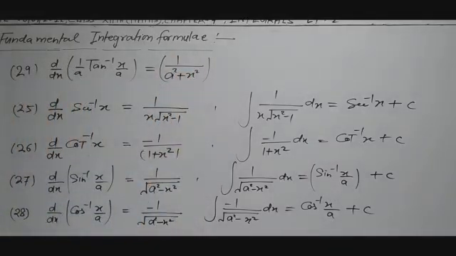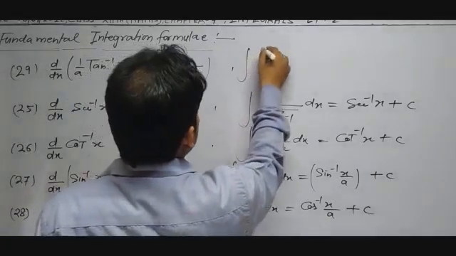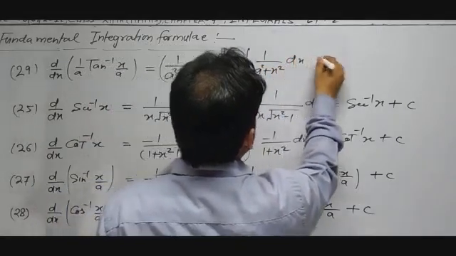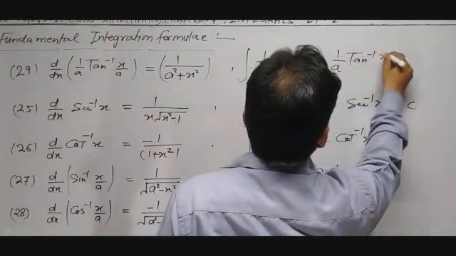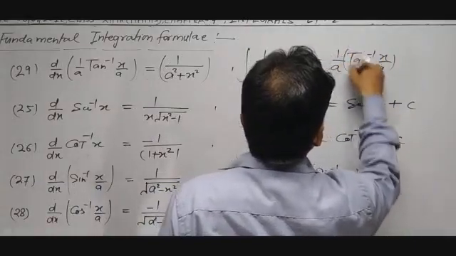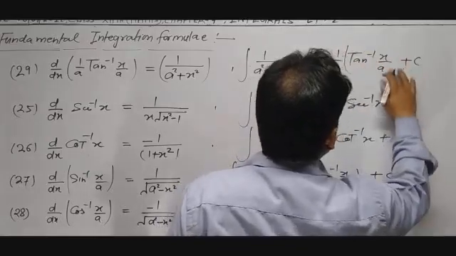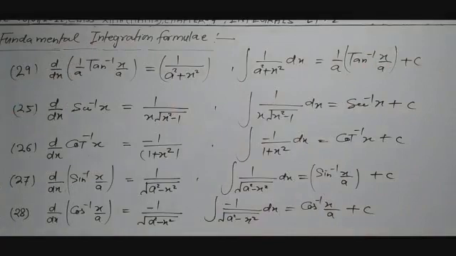So now if you find their antiderivative, you will get the same result. So integration over 1 upon a square plus x square dx, result will be 1 by a tan inverse x by a plus c. This is formula number 29.